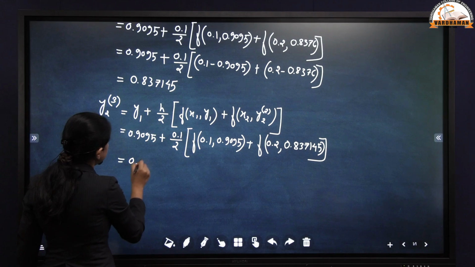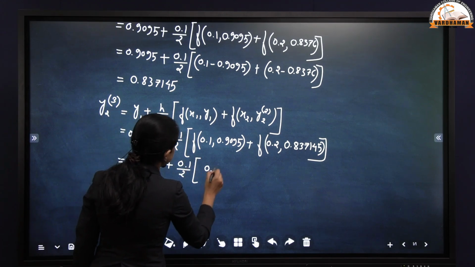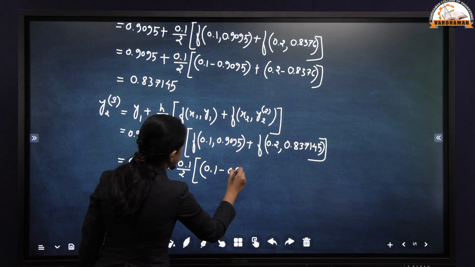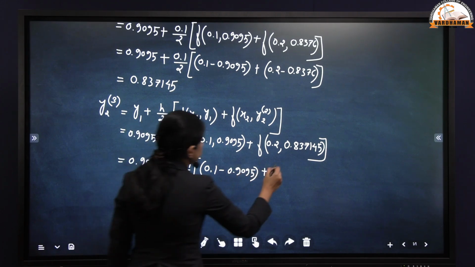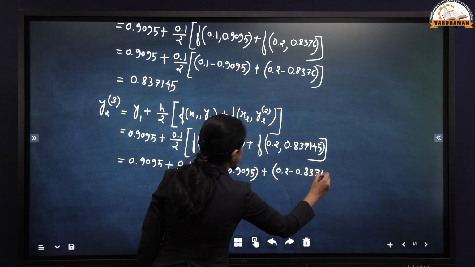We have 0.9095 plus 0.1 by 2, 0.1 minus 0.9095 plus 0.2 minus 0.837145.